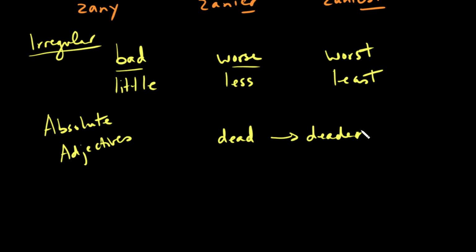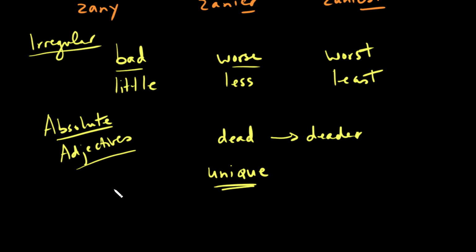If you're dead, you're dead. Same kind of thing with unique. If you're unique, then that means there's just one of you. So how can somebody be more unique or most unique? That's a very awkward adjective to put in the comparative form. Absolute adjectives are fairly rare, but they're worth watching out for.